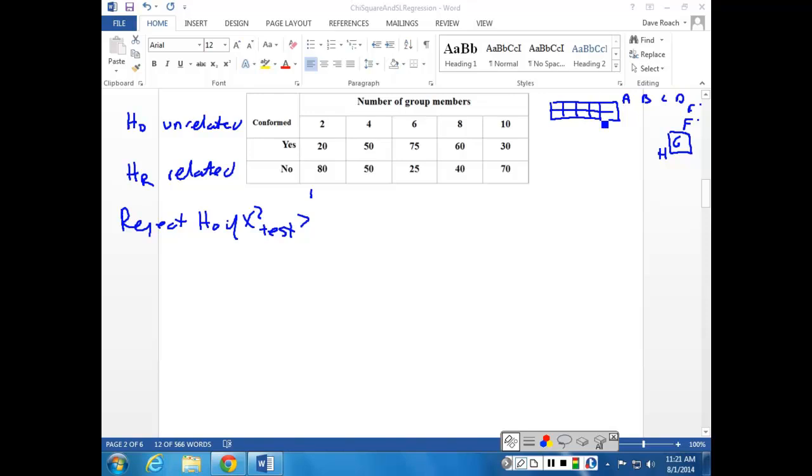I'm going to blot out one row and one column, 4 numbers free to vary. So the degrees of freedom is equal to 4. And did it say an alpha on there? Yeah, alpha is 0.05. And so I gave you a chi-square table, and we have 0.05 and 4 degrees of freedom. That's going to be 9.49.